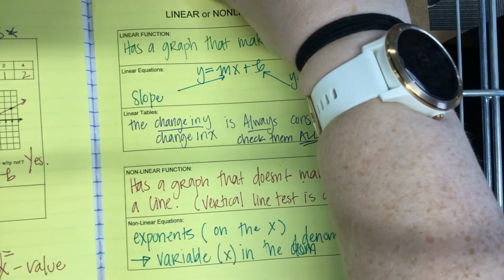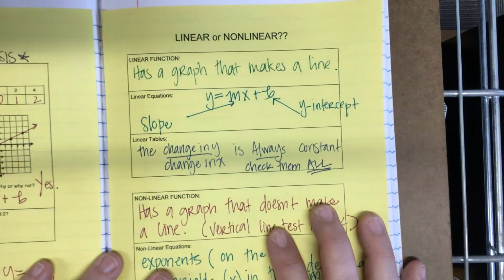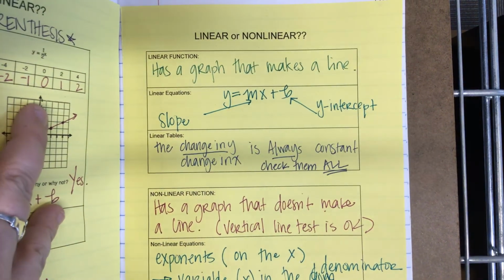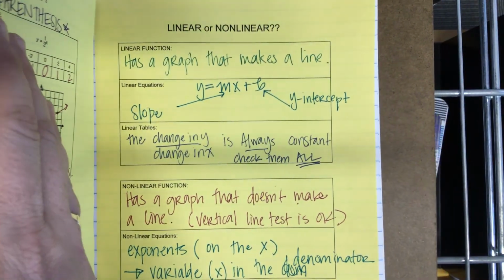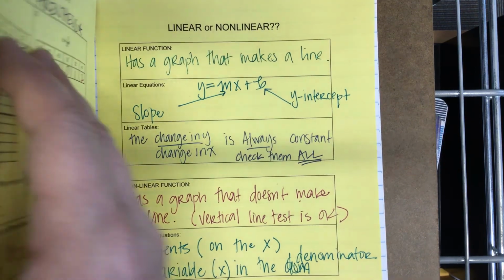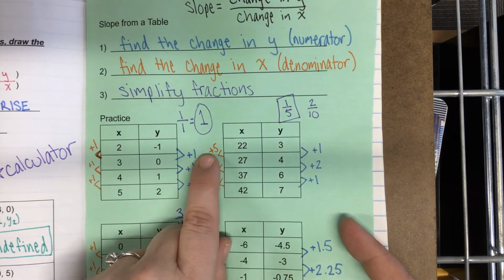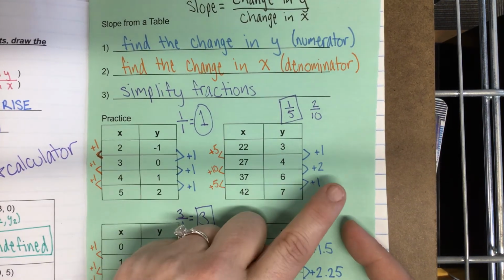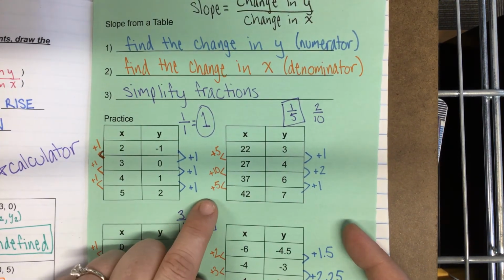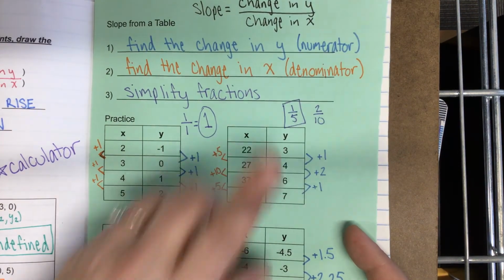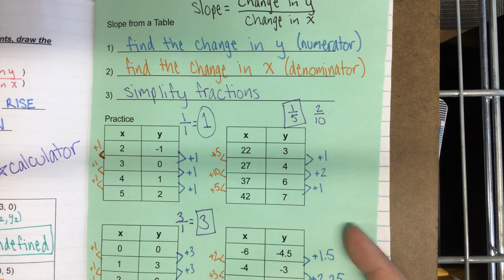If you're given a table of values, you need to find the change in y and change in x every single time and make sure it's even. 1 over 5, 2 over 10, 1 over 5, that's okay because 1/5 and 2/10 are the same.